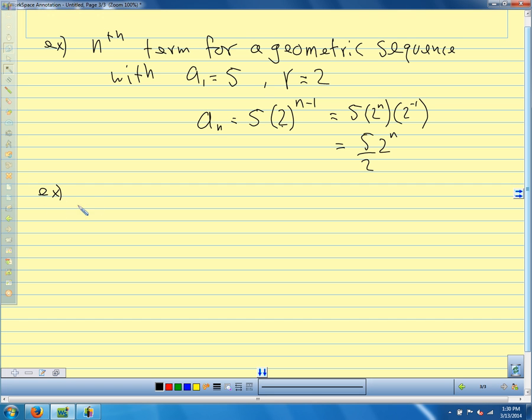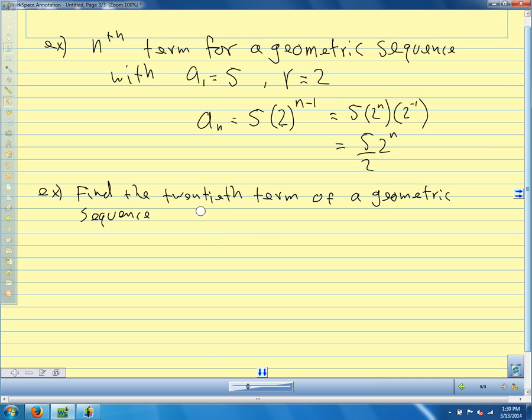For this one, we want to find the 20th term of our geometric sequence. And for this particular geometric sequence, I'm just going to give us the numbers. 1, 3, 9, 27, dot, dot, dot.